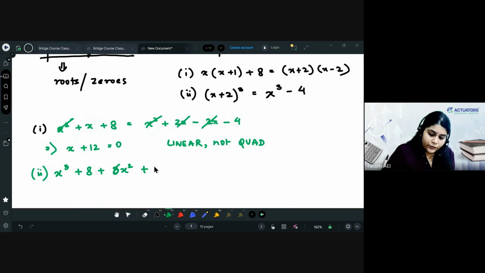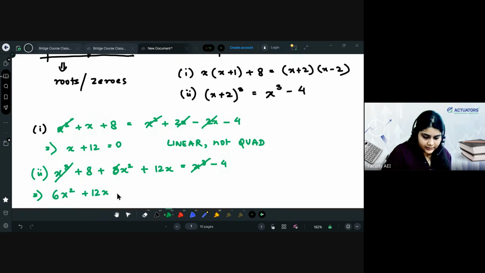So 3 into 4, 12. 6x square plus 12x plus 12 is equal to 0.